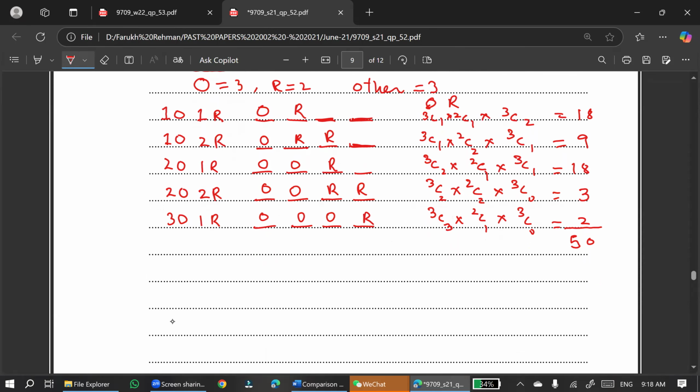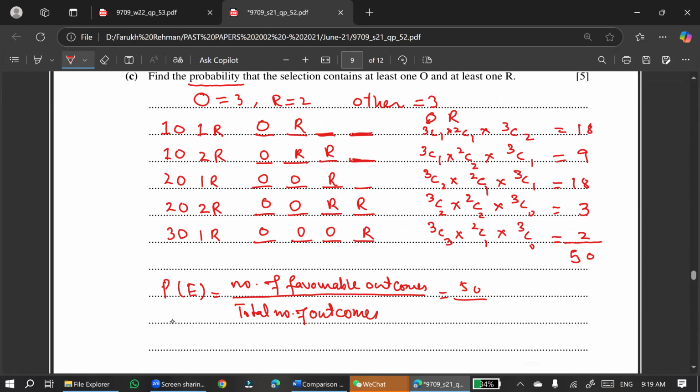Now, probability of the event is equal to number of favorable outcomes divided by total number of outcomes, is equal to 50 over.